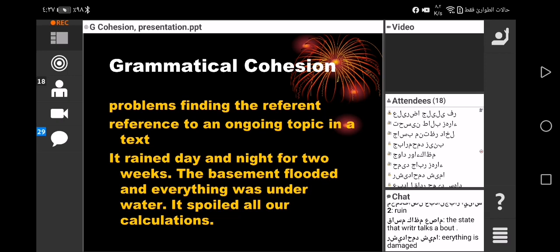So it has spoiled their calculations, not the rain, but the whole event, including the rain, the basement flooding, and everything underwater, right? So it refers to the whole topic, the whole discourse.